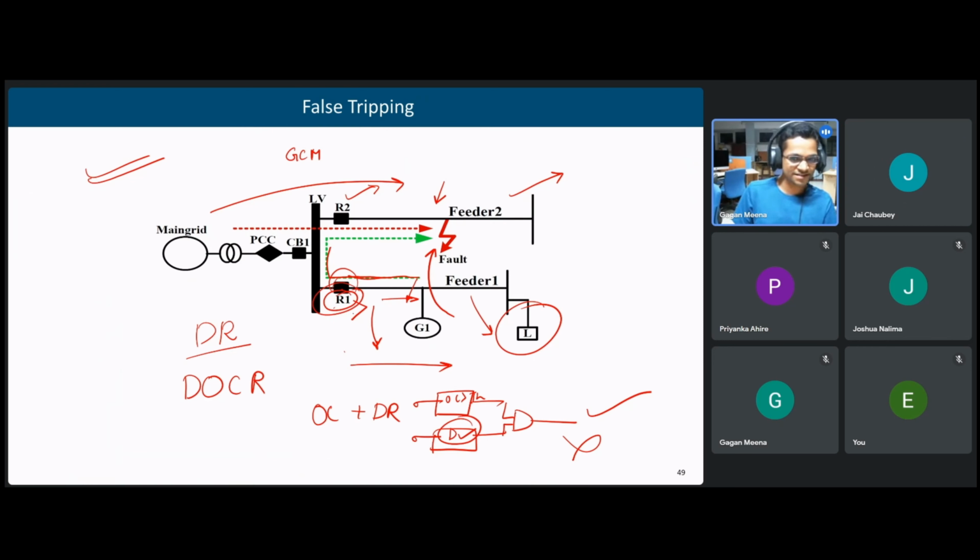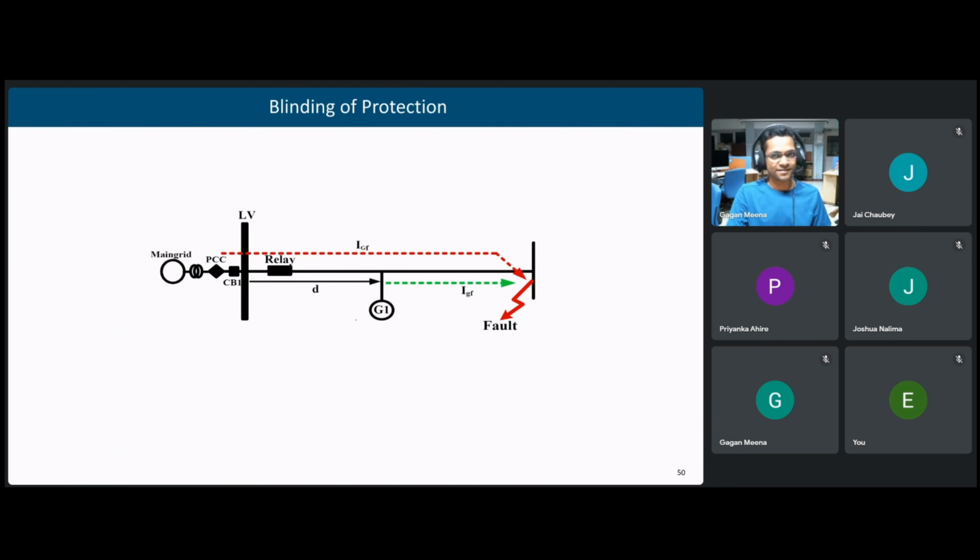In overcurrent only, it will happen if these two conditions are met. One is that the current should be greater than the threshold which we have set in the overcurrent element. Then, if it is only overcurrent, if this happens, then it will also trip. Yes, now clear. Okay, go ahead, please.